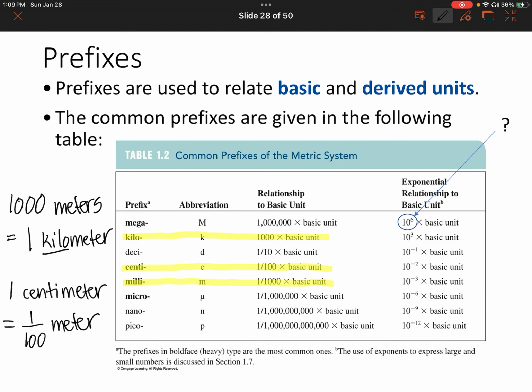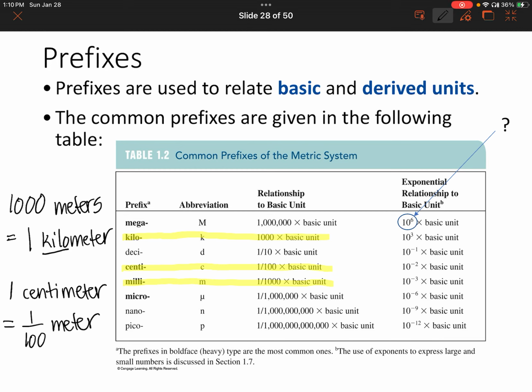Nano, even smaller. Pico is even smaller. Now, micro, nano, and pico are prefixes that I would say are more commonly used in biology because you're describing really small things sometimes like cells, and those are typically measured on that scale. But in our chemistry class, we'll really be focused on those middle prefixes, so kilo, centi, or milli.